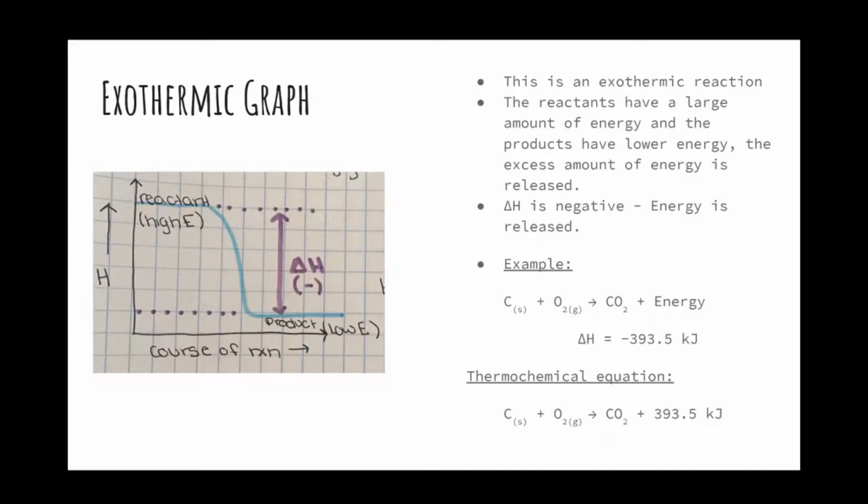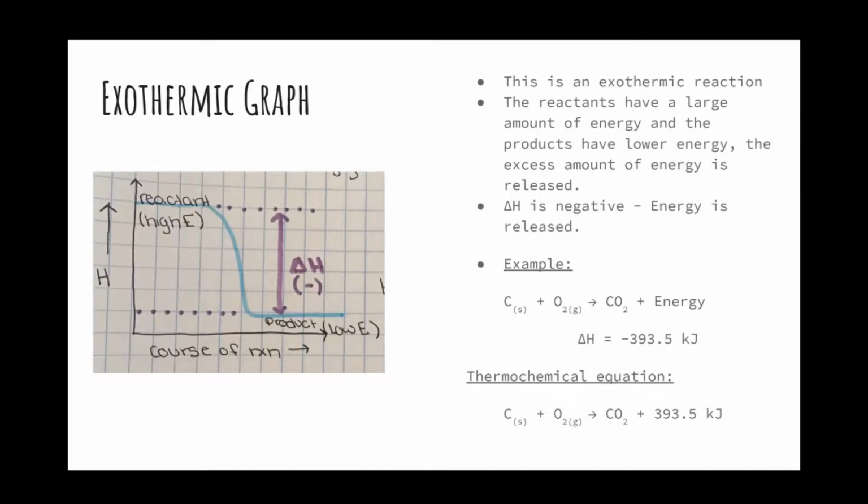Now, another way that we could look at this is we can write what's called a thermochemical equation. All I'm going to do is replace that delta H value of kilojoules and plug that into the equation for energy. So now I have 1 mole of carbon reacts with 1 mole of oxygen.